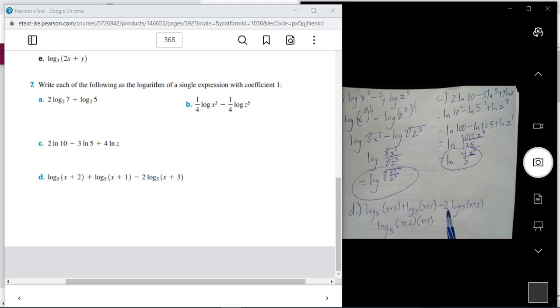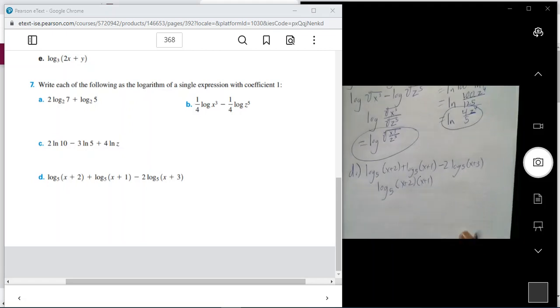And then here, I guess I spoke a little too soon. With this minus 2, we know this 2 will have to go as the exponent for the x plus 3 in parentheses. So now we will have log base 5, and this would be x plus 2 times x plus 1 all over x plus 3 squared.